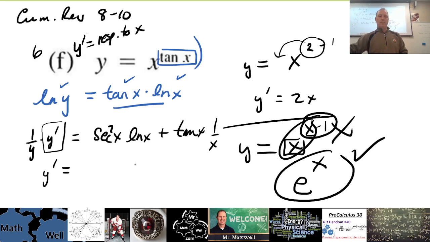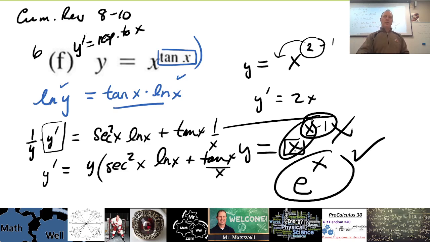So y prime is, I don't know if we can simplify this much, y times secant squared x times ln x plus tan x over x.